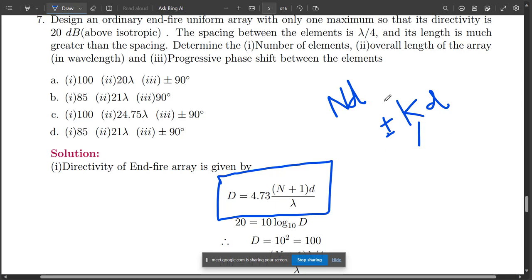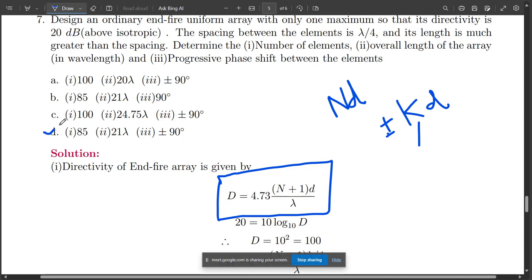Okay. What will be the correct answer? D, plus or minus 90 degrees.